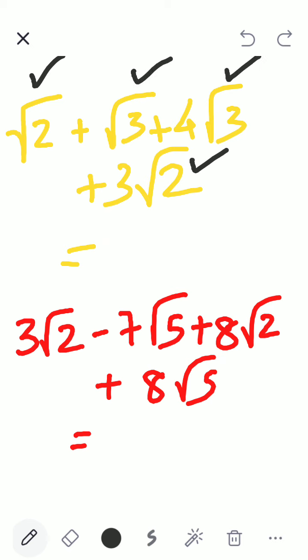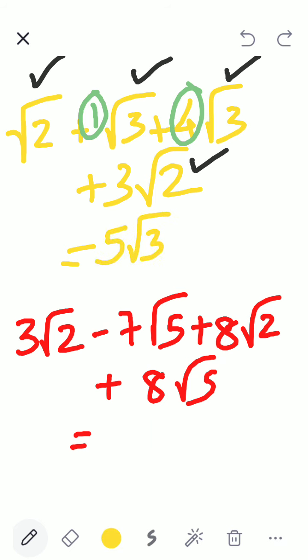So you added 1 plus 4, correct? Same house, 4 plus 1 becomes 5 root 3. Then 3 is there outside the root 2 house, and again 1 is there outside the root 2 house. So 3 plus 1 becomes 4 root 2. Simple answer. Okay, Govardhan.